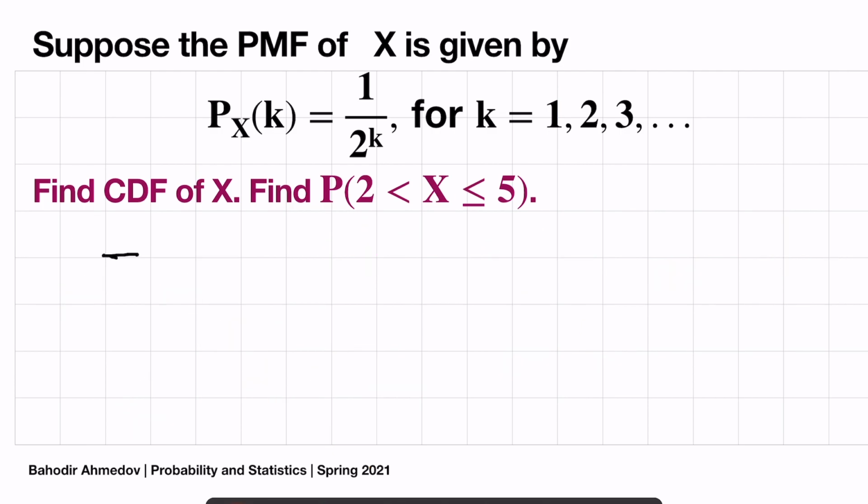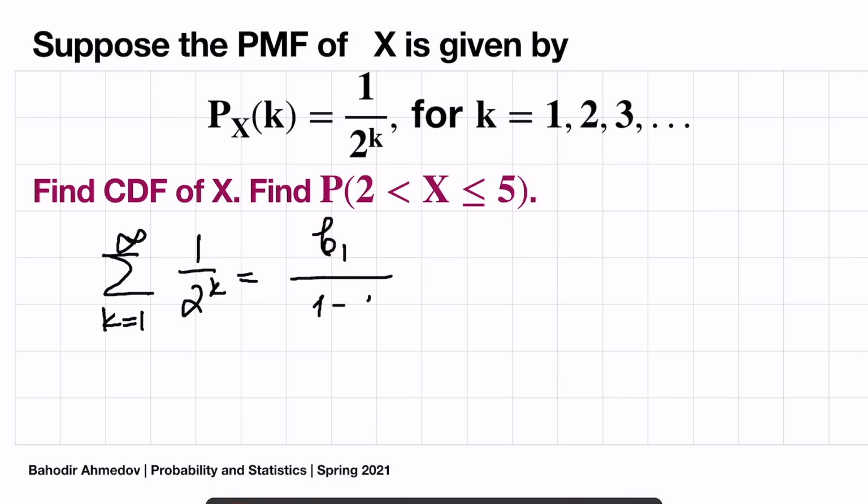So the sum from 1 to infinity of 1 over 2 to the power of k is equal to the first term divided by 1 minus q. The first term is 1 over 2, and the common quotient is also 1 over 2. That is why it is equal to 1. So yes, it is a proper probability mass function.